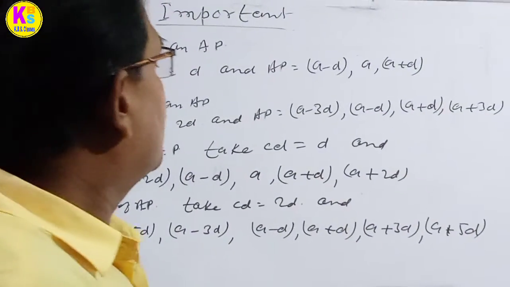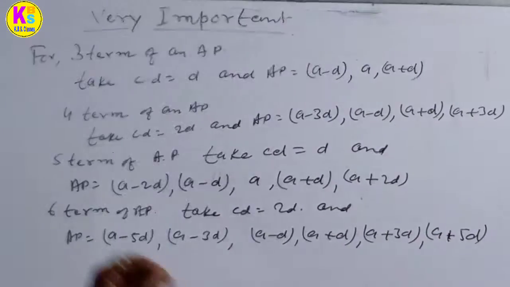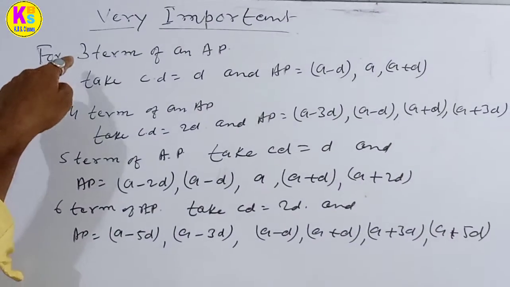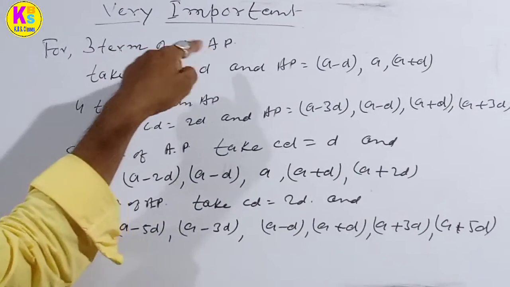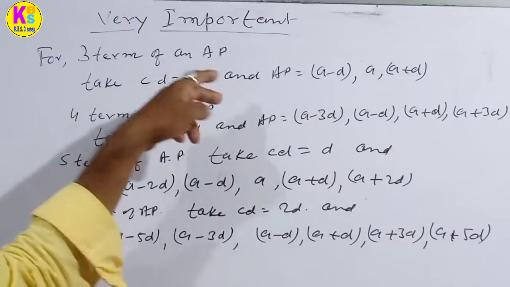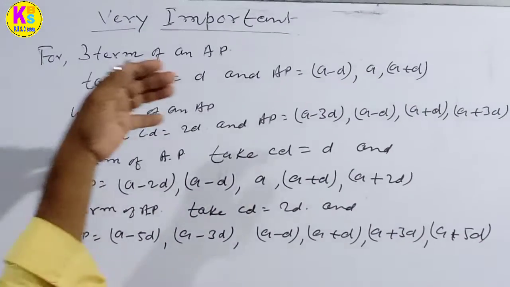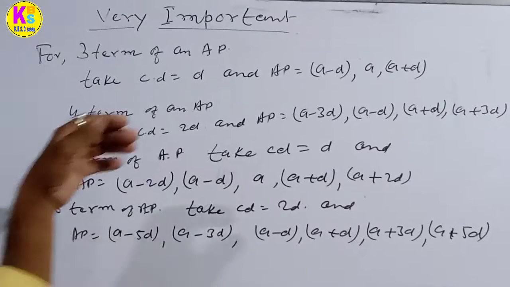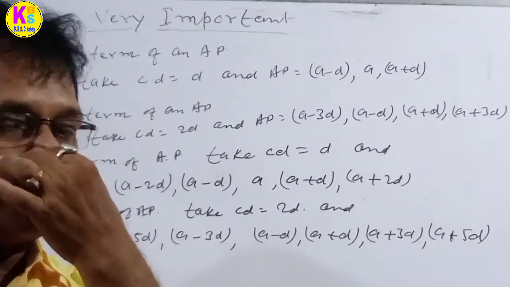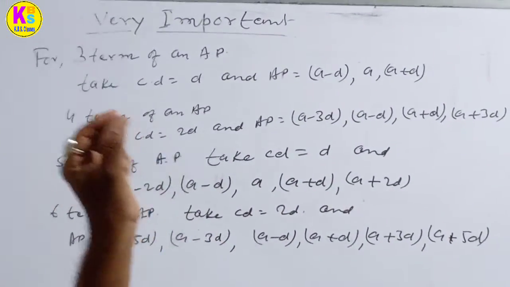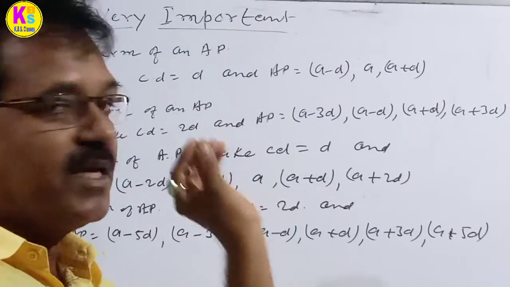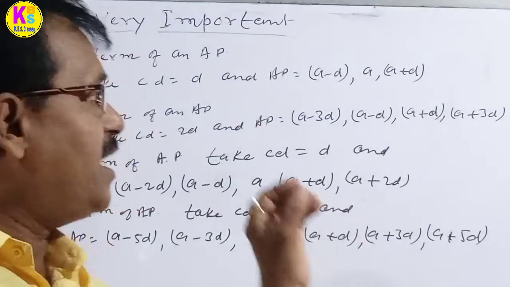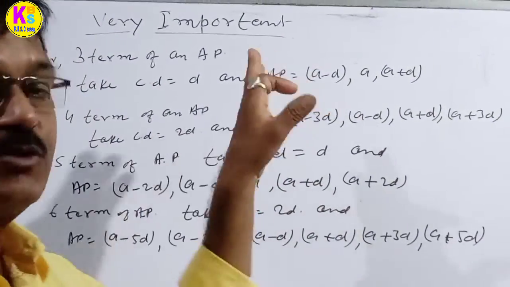Sometimes in the sum you will get the sum of 3 terms of an AP is given, or 4 terms of an AP is given, or 5 terms of an AP is given, 6 terms of an AP is given. So in those cases, you have to take some special common difference and special terms only.